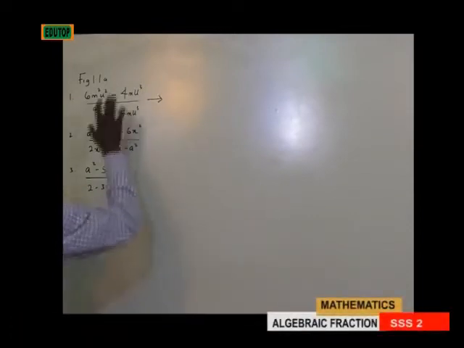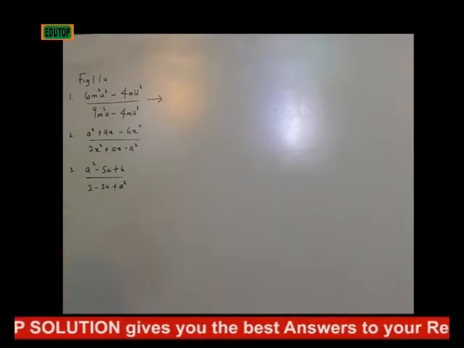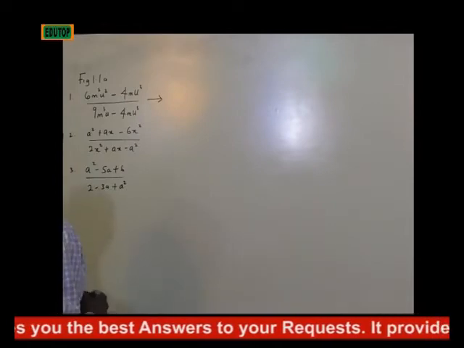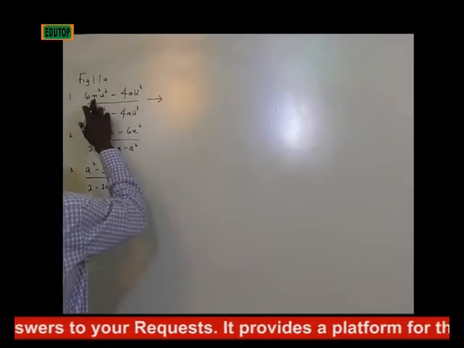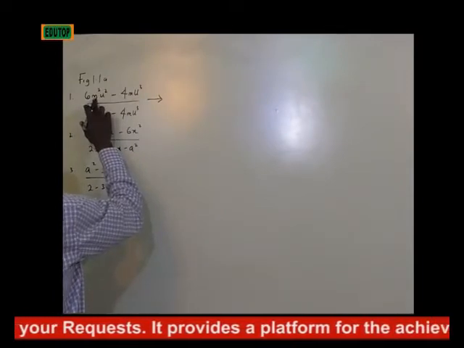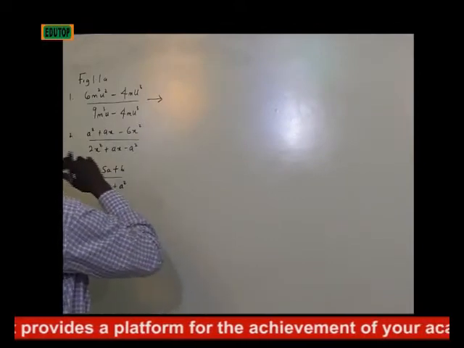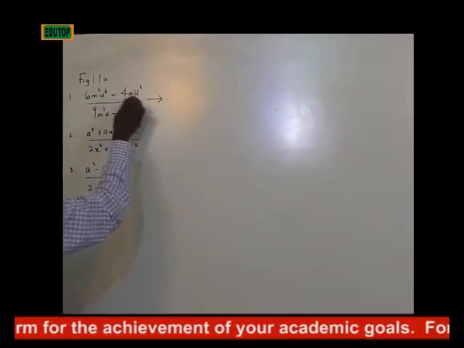If you look at this question very well, this is a typical example of an algebraic fraction. So if you look at this, we discover that m is common to this first term and the second term. u square is common to this and this.